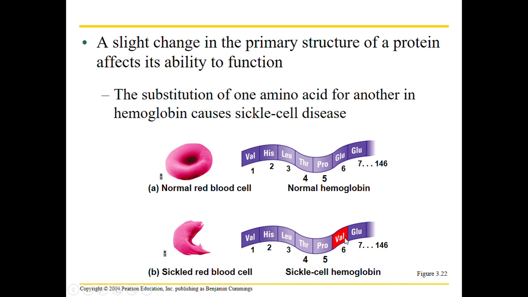The amino acid is different right there, and just that one little change makes your normal red blood cell go from this to this, and this is called sickle cell anemia. There's one mutation point, so a single mutation point, and it changes what hemoglobin looks like and gives it this. The reason we call it sickle cell is this moon shape is referred to as a sickle shape.